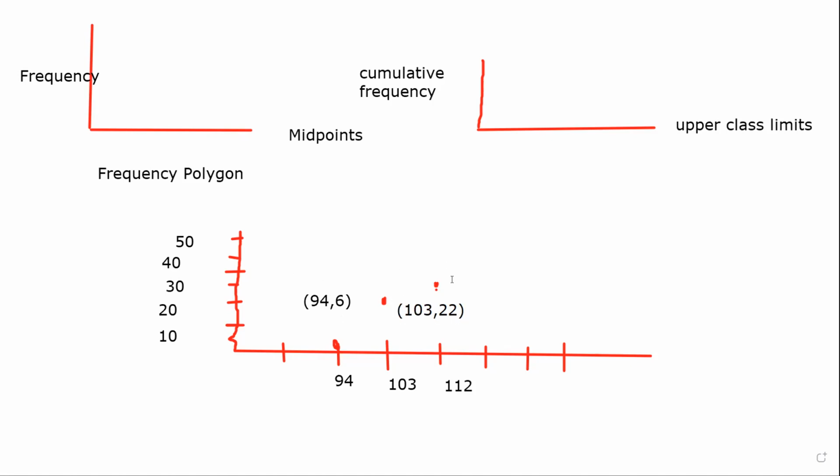And then this point is 112 and 43, which is the one I just plotted. And then I have 121 and 28. So now I'm going to say, okay, this is 121.